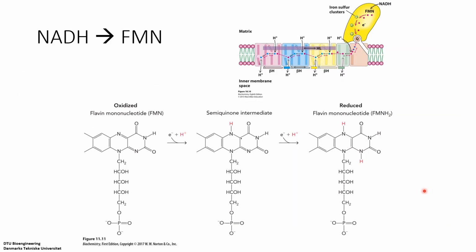So let's look at it a bit. First we get the NADH and the FMN here and the iron sulfur complexes, and in the end we get the quinone. So this is the FMN, a flavin mononucleotide with the semiquinone intermediate. The semiquinone is indicated here by this ionization, so the electron you see here, and then in the end you get a double bond formed here, an extra double bond inside this ring system.